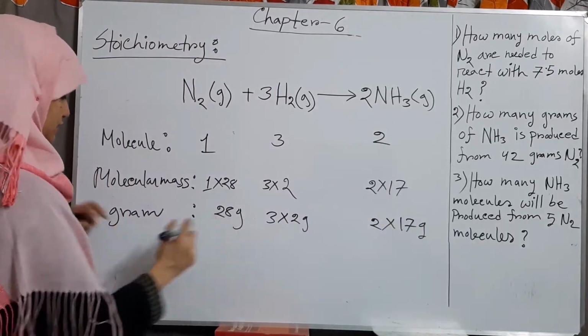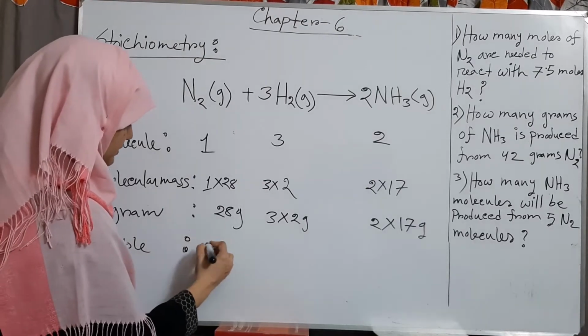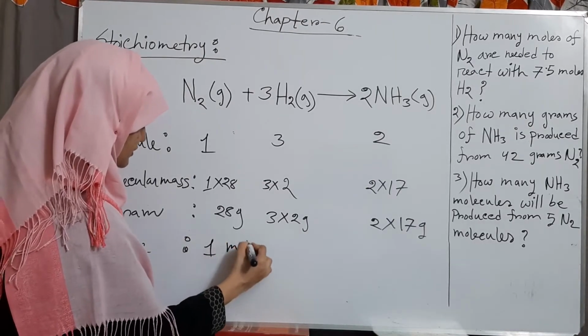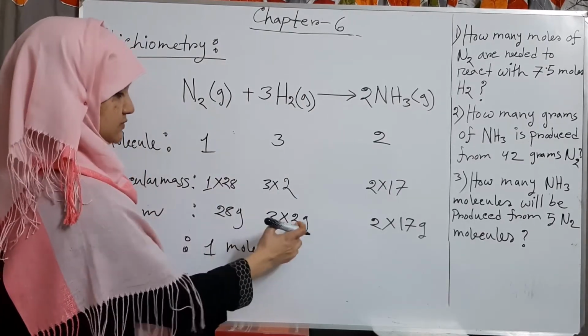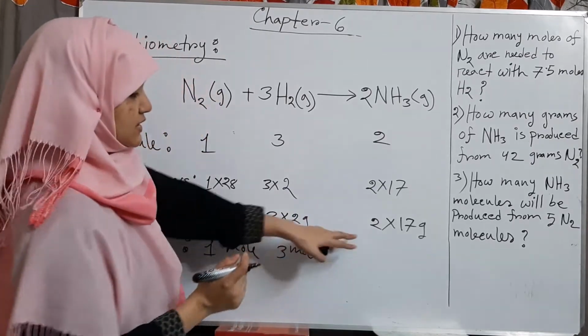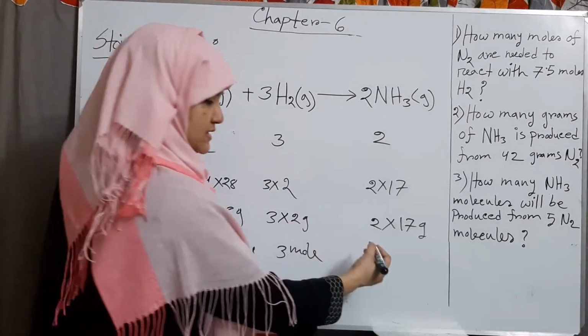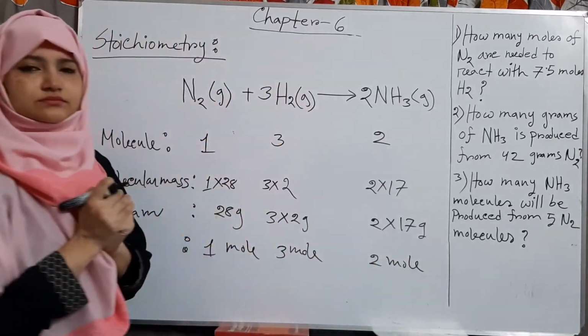This 28 gram represents 1 mole of nitrogen, this 2 gram into 3 is 3 moles of hydrogen, and these 2 times 17 is 2 moles of ammonia.